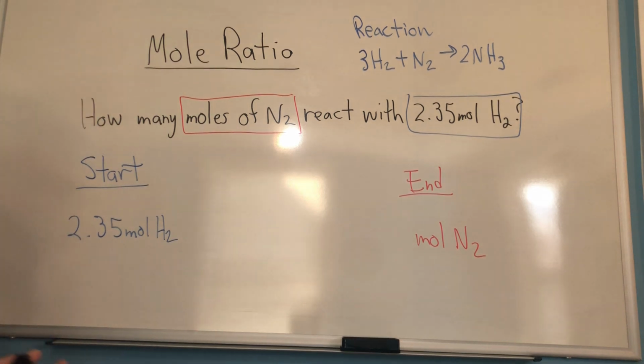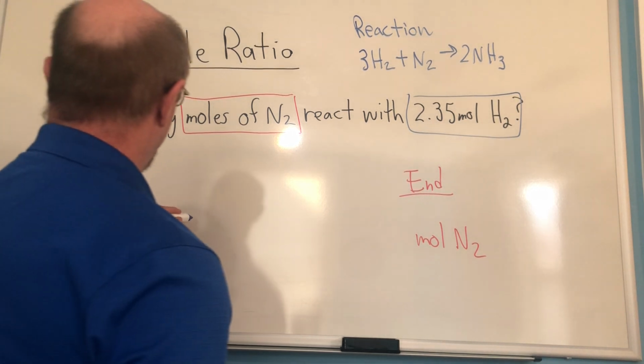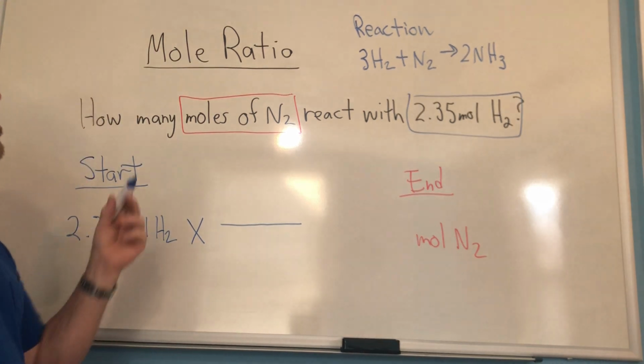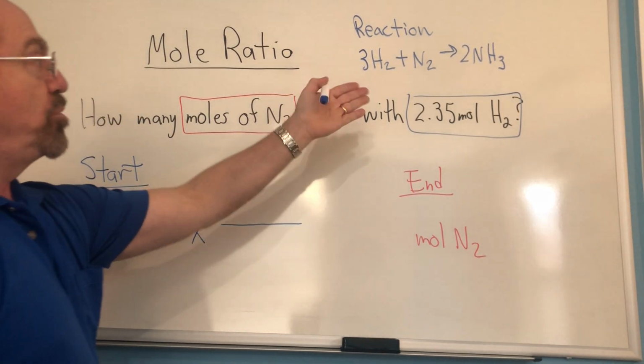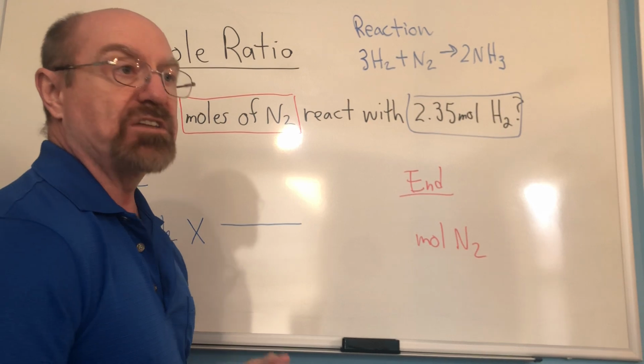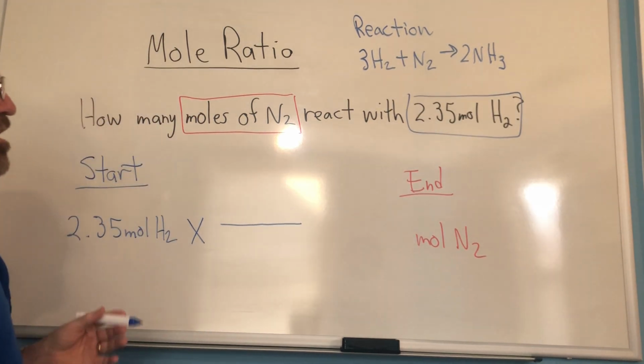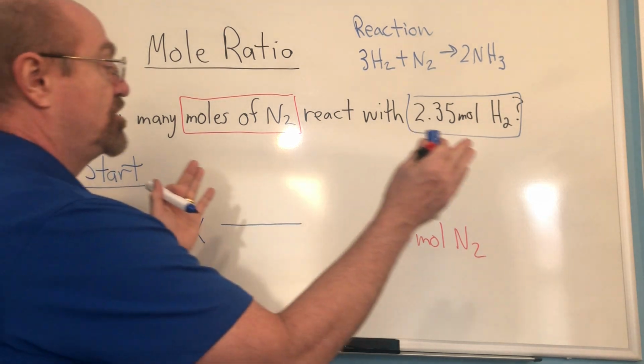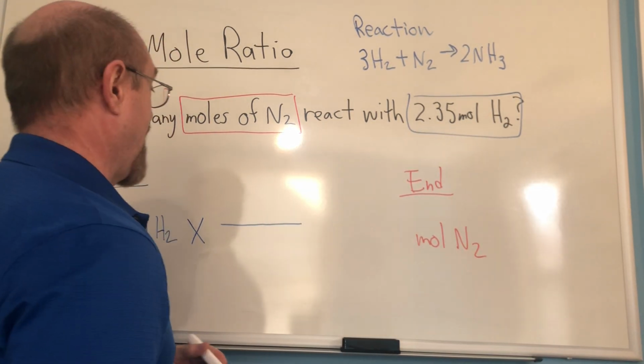Now, every question that starts with moles and ends with moles is considered a mole ratio problem or a mole-to-mole problem. So how do we solve it? Well, we try and set up an equation using our relative proportions that come from the balanced chemical equation so that we can convert from 2.35 moles of hydrogen to the number of moles of nitrogen that would react with it.